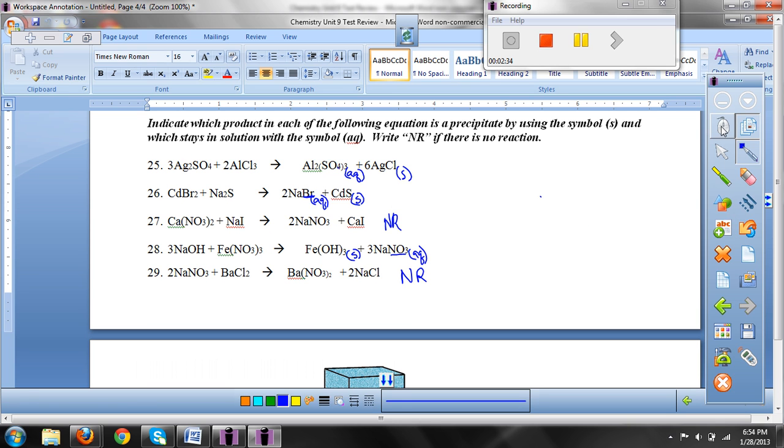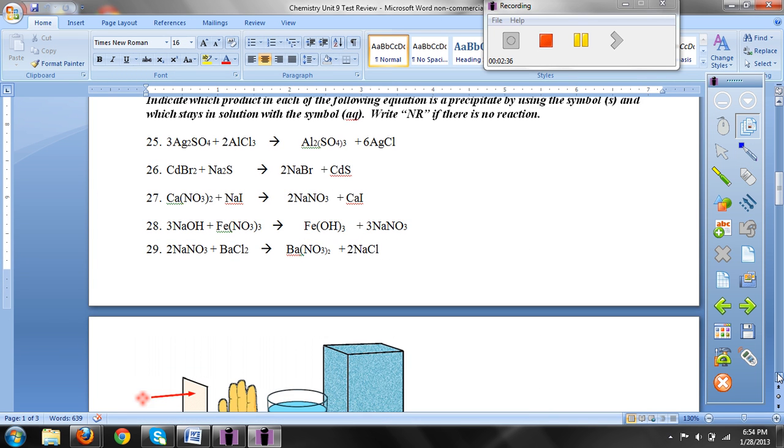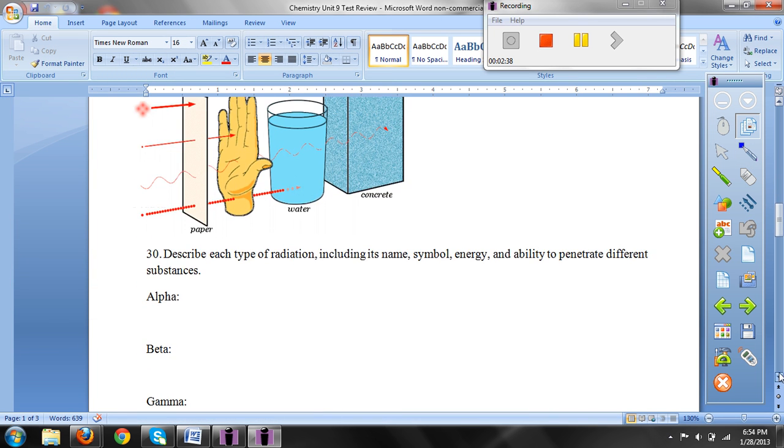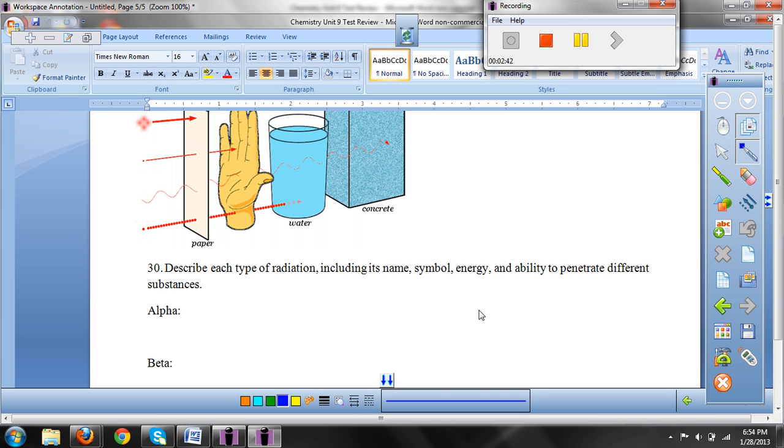Okay, we're going to move on down. Okay, notice that this graphic comes directly out of your notes, and it says describe each type of radiation, including name, symbol, energy, and ability to penetrate different substances. So I said for the alpha particle, and I said a lot, because I want to make sure I covered everything.